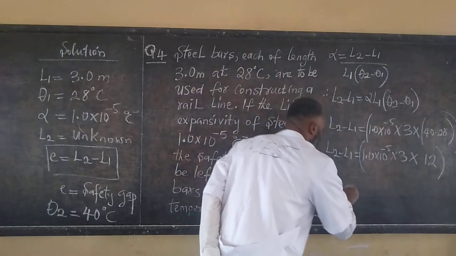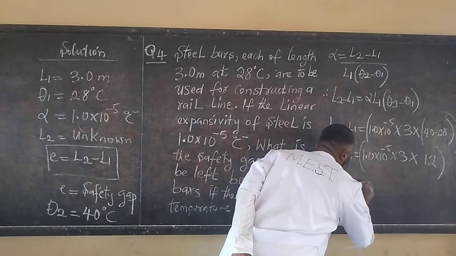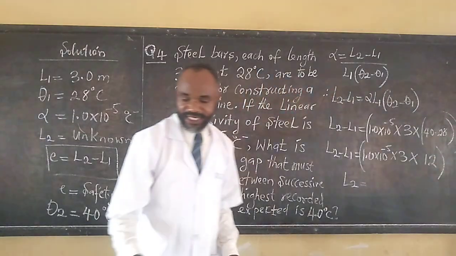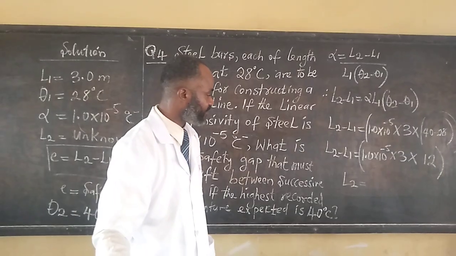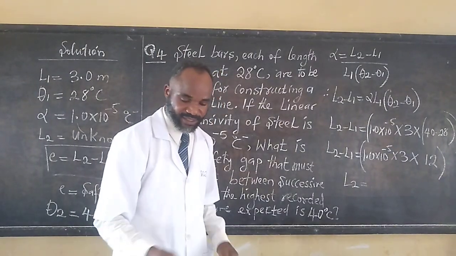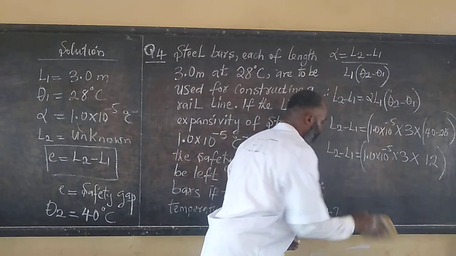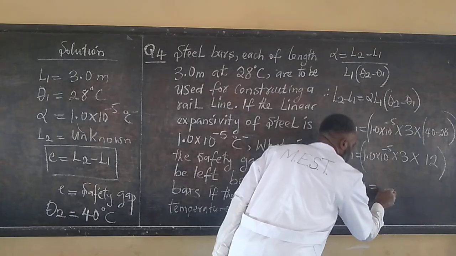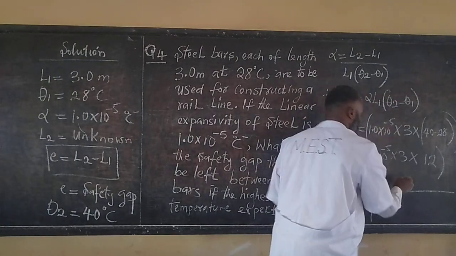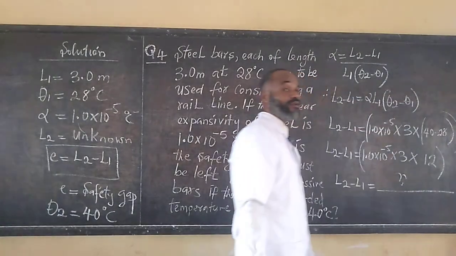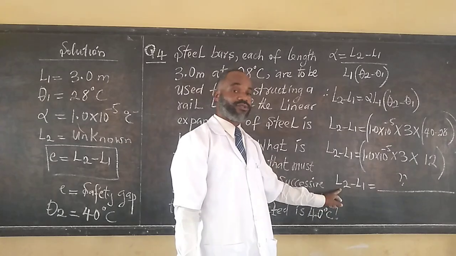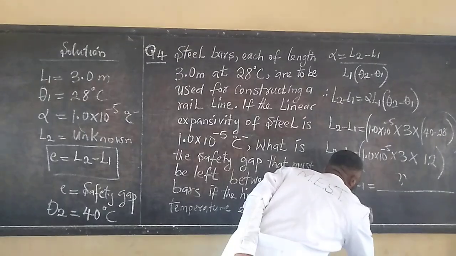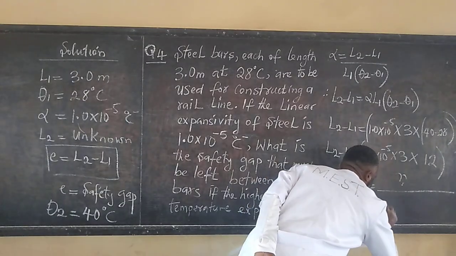We now make L2 the subject, whatever we have here. After finding that, look at this. If we find L2 minus L1, let's find all this and put it here. When we do that, you know what to do to find L2. At the end, apply expansion equals L2 minus L1.